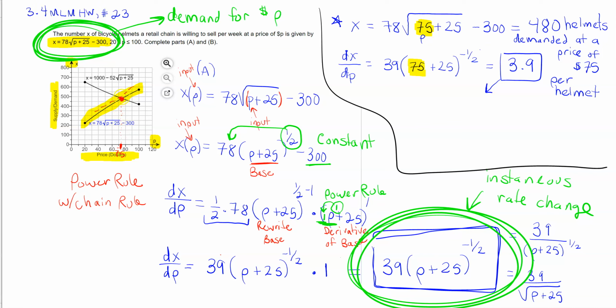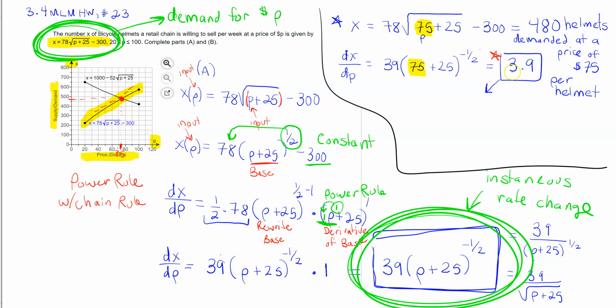We can see that demand level of 480, if I backtrack here, seems reasonable. I mean, it's close to 500. So the number I got from my demand is making sense with the graph. I can see it's a positive slope on that tangent line. So a derivative of positive 3.9 makes sense.